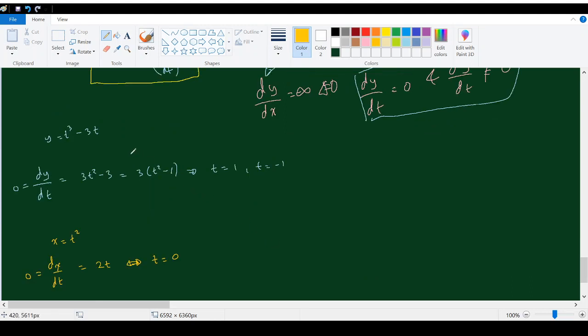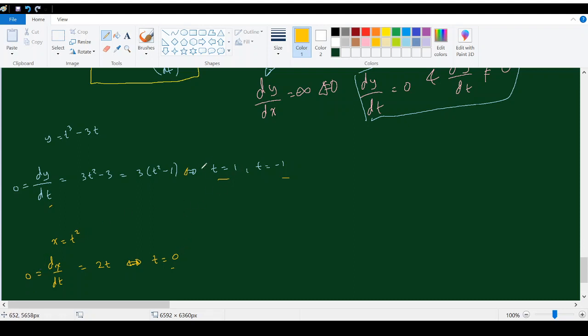So from the given two equations we can compute the derivatives dy by dt and dx by dt, and by equating it to 0 you can obtain this relationship. That means when t is equal to 1 or negative 1, you will have the derivative of y with respect to x to be equal to 0, and when t is equal to 0 you will get this one equals to 0, right?